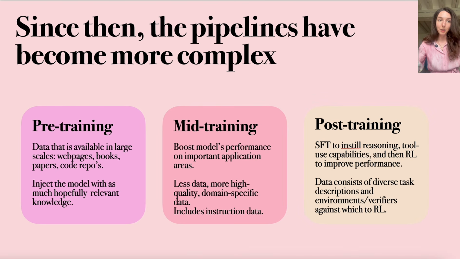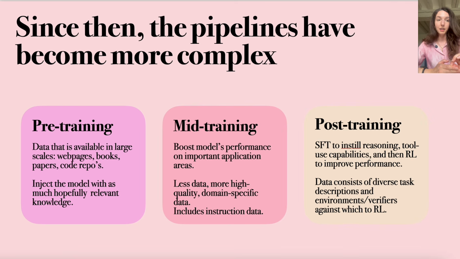And since that paper, the pipelines have become a little bit more complex, while they still leverage the same idea of first pre-training on data that is available at large scale: web pages, books, papers, code repos, to hopefully inject the model with as much relevant knowledge as possible. Then we would mid-train to boost the performance on specific important application areas.